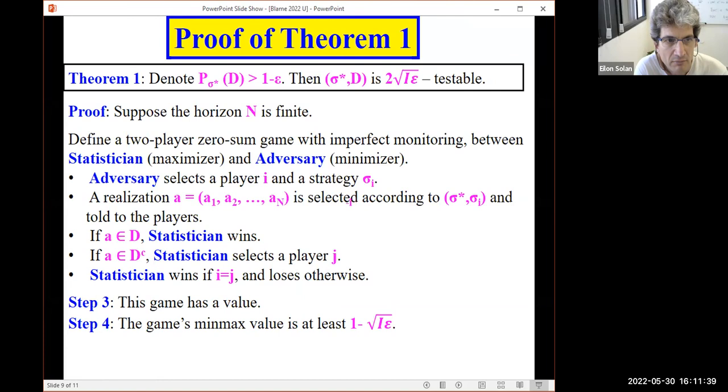I guess there are algorithms to find optimal strategies in zero-sum games, right? We know there are such algorithms. The only problem is that the game is quite large, right?